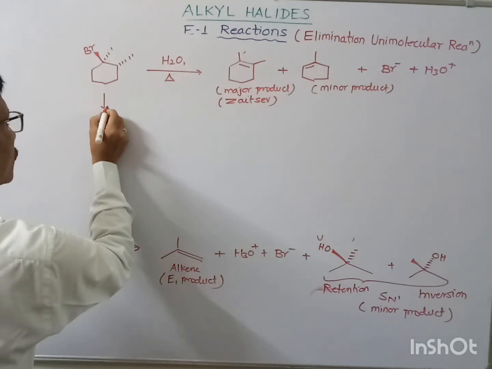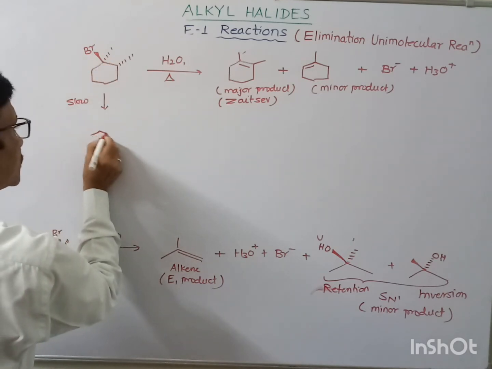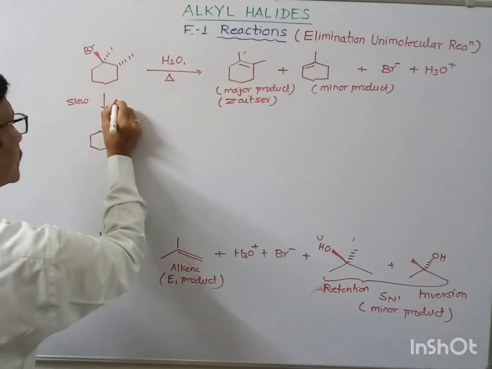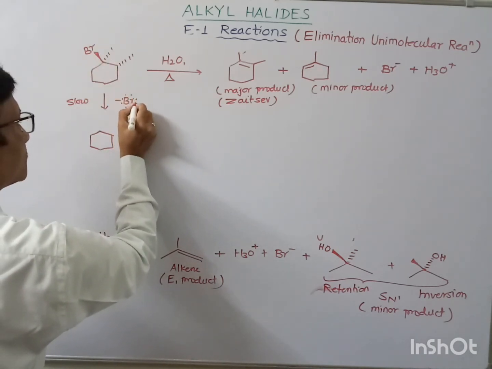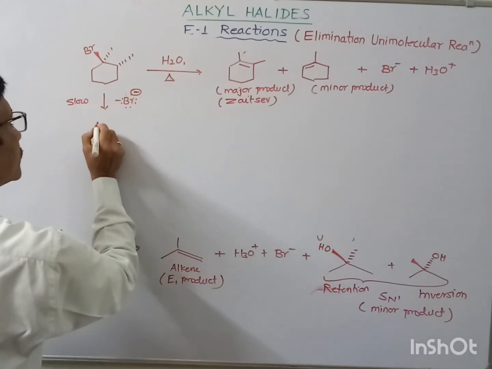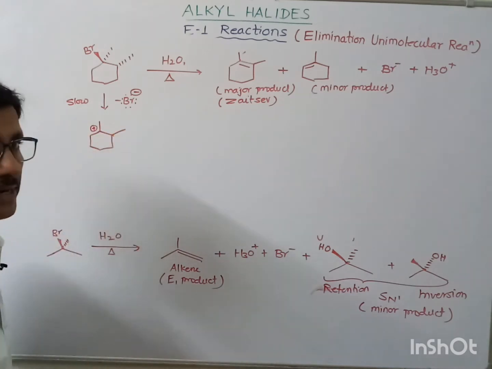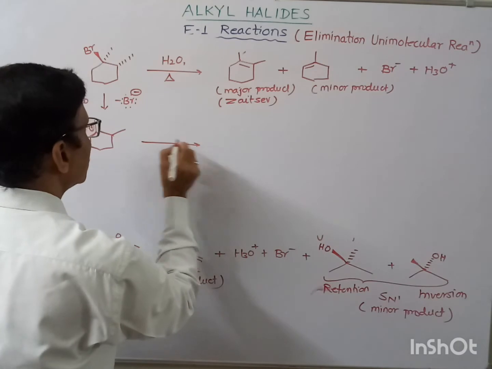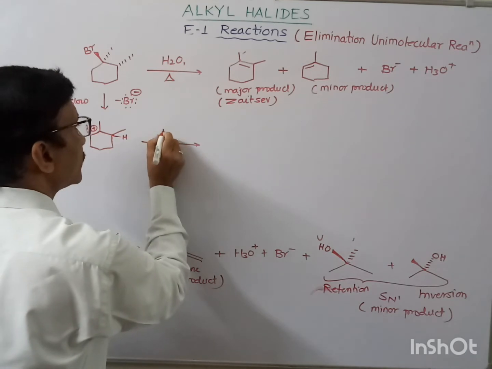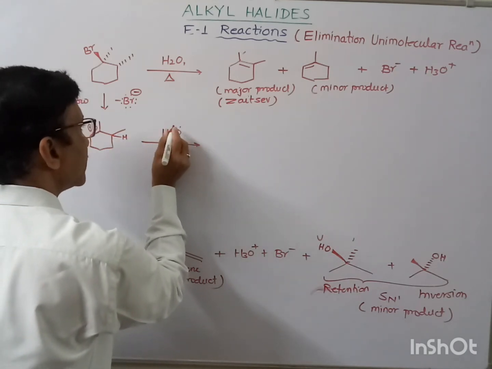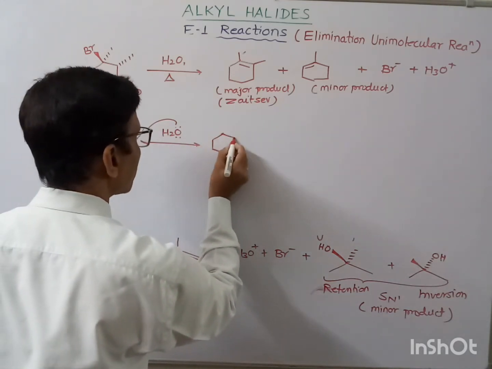If we see the mechanism for this, first of all, in a slow step, the formation of this tertiary carbocation takes place. Bromide ion, being the leaving group, will leave. In the second step, H2O molecule will act as a base and take out this hydrogen proton, and the double bond would be formed over here.